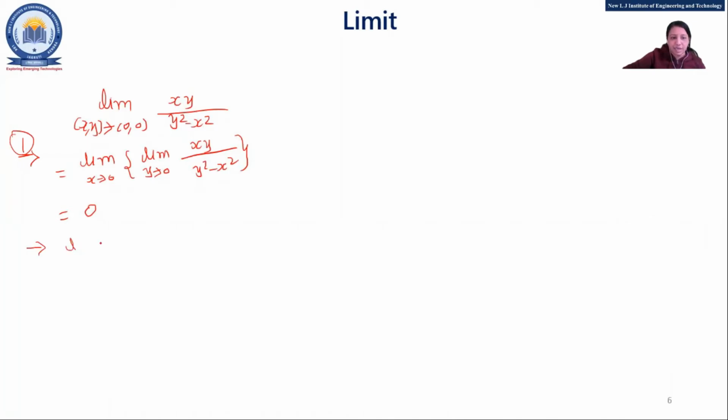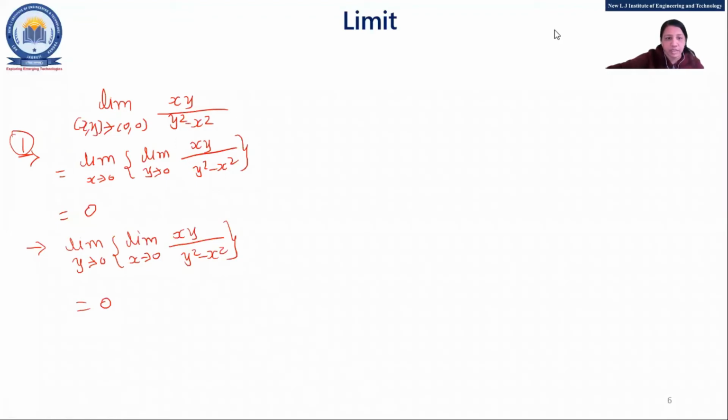Now limit y tends to 0, the reverse of the first one: limit x tends to 0. Again, if you put x equal to 0 here, obviously you will get 0. So the answer of this is also 0. Anyone having doubt in this too? Then let me know. Anyone?